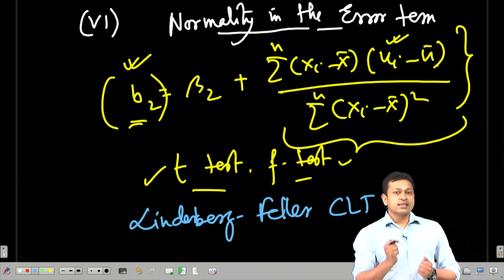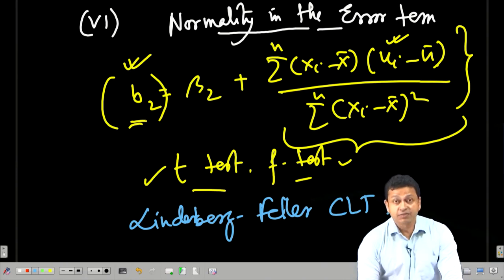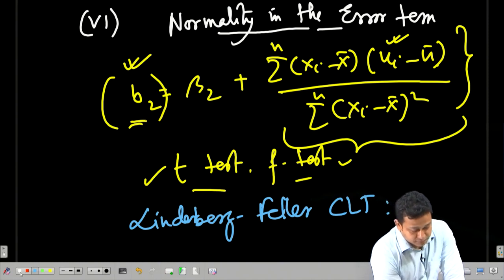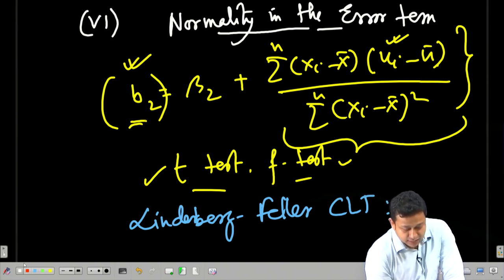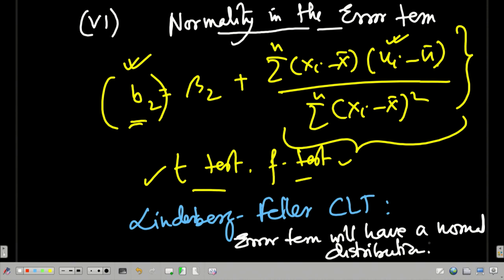As long as these outside influences are not very strong, my variable of interest is going to have a normal distribution. That means my error term will have a normal distribution. So, usually that is why my error term has a normal distribution.